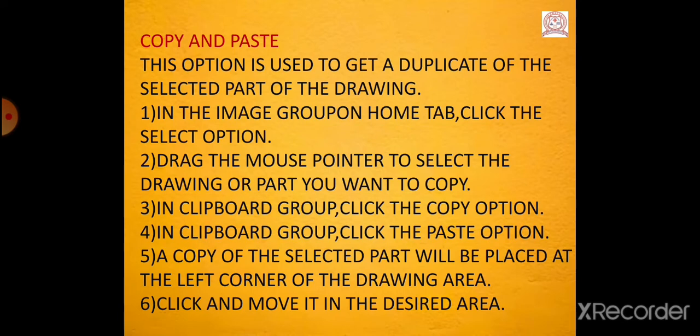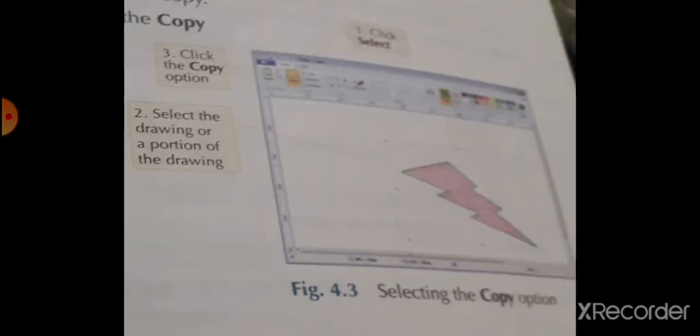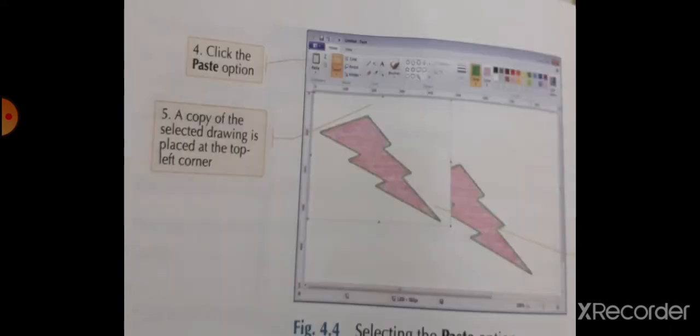A copy of the selected part will be placed at the top left corner of the drawing area. Notice that the object is still selected, and then click and move it to the desired position, same as we did in cut and paste. See, here we have first selected the drawing and then we have pasted it.